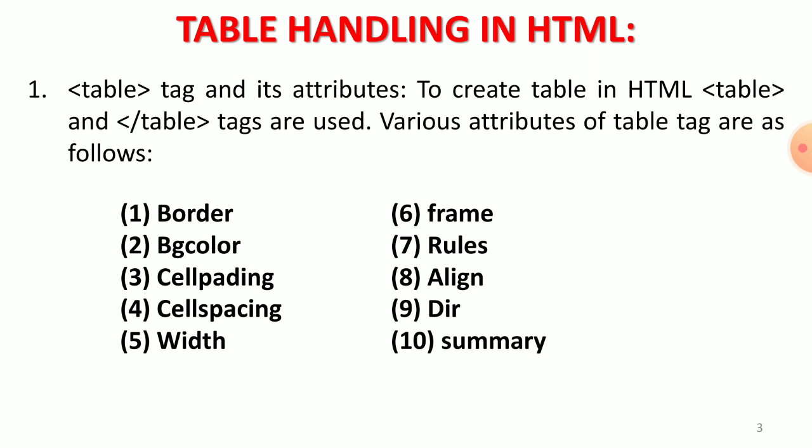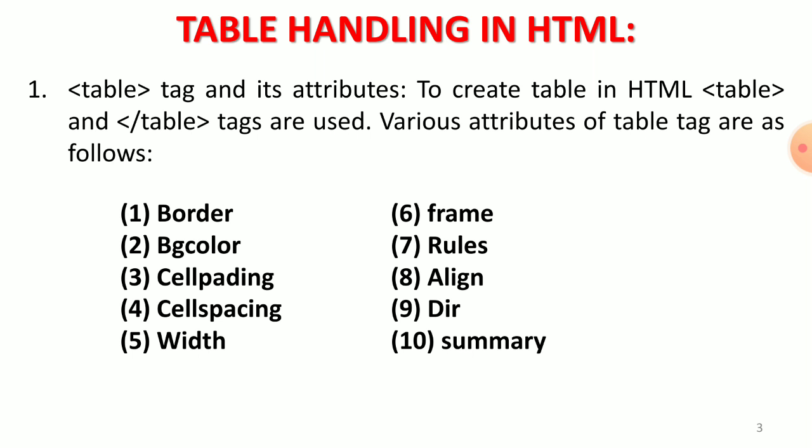First, the table tag and its attributes. To create a table in HTML, the table and slash table tags are used. Various attributes of the table tag are as follows. First is border. The border attribute of the table tag creates a border around the table as well as around each individual cell.